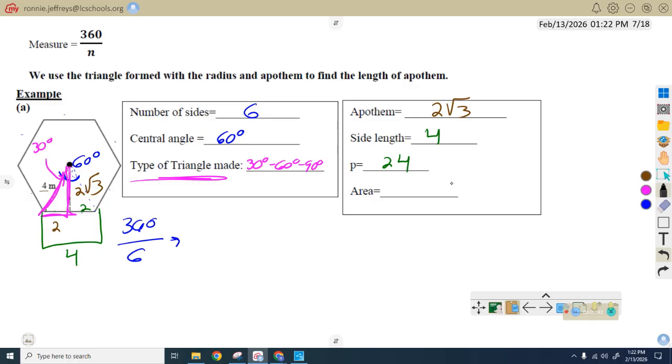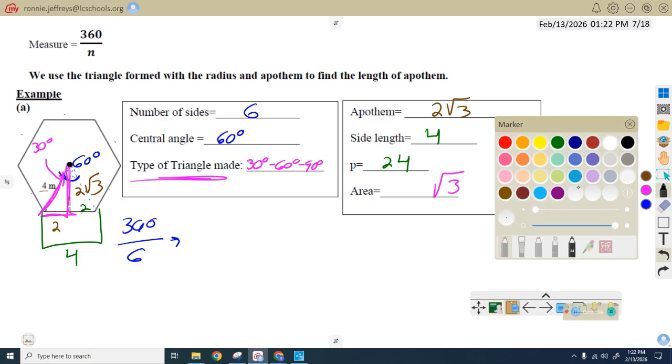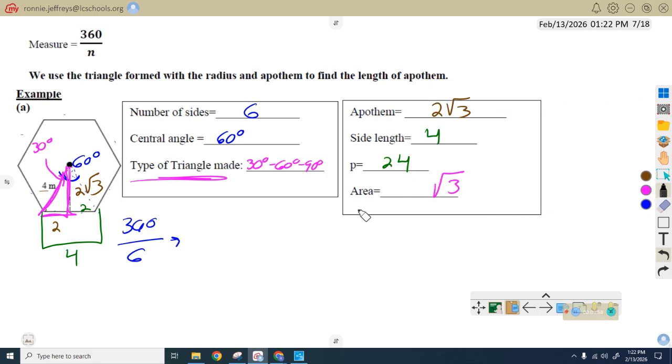Okay. Now, remember what we talked about yesterday. If there's a square root of 3 right here, we're just going to put that automatically down there for our area. Exactly, with the yawn. Now, and then we're going to take 1/2 times the perimeter, and then just this number 2 of the apothem.